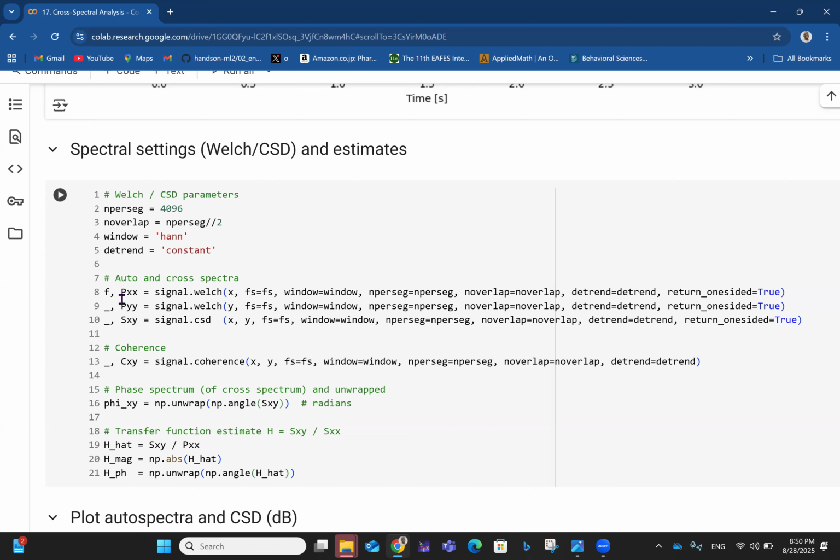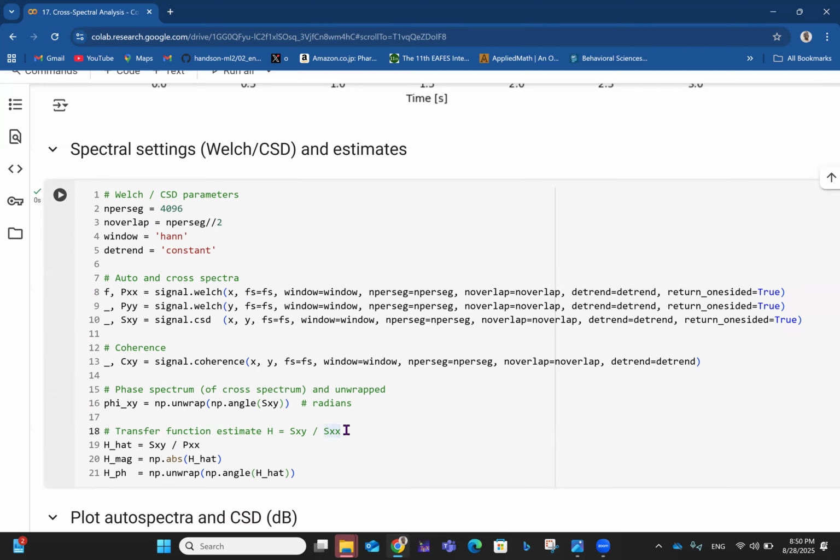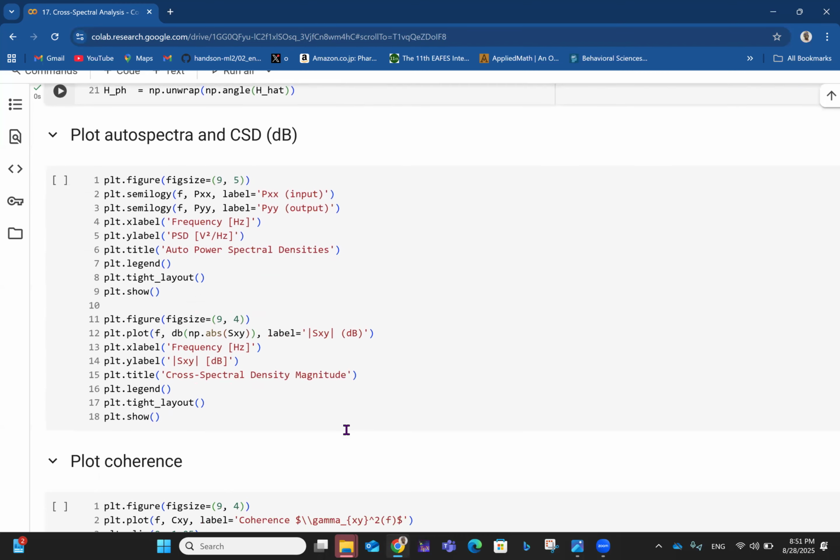So all the Pxx, Pyy, Sxy, and so on, using signal.welch, and signal.csd for the cross spectrum. Then you have the coherence, the phase spectrum, and then the transfer function, which we saw the other time. I run this. We don't expect any result here. That's just setting the ground for what we are going to get next.